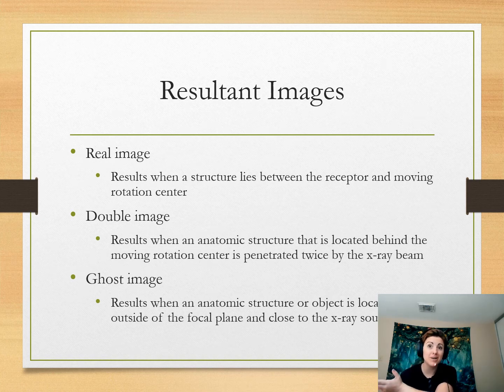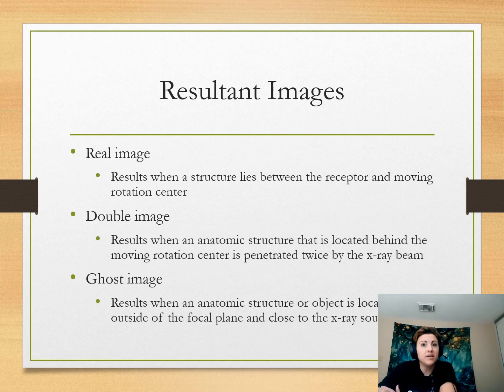So typically here it's the jaw and the teeth. That is inside the focal trough. That is the real structure, the one we're trying to get. Usually there's not as much distortion for this structure. It looks the way it's supposed to look, and that's a real image. It's the structure where it's supposed to be. That's what we're trying to get.